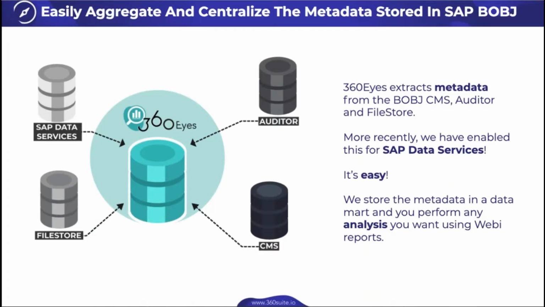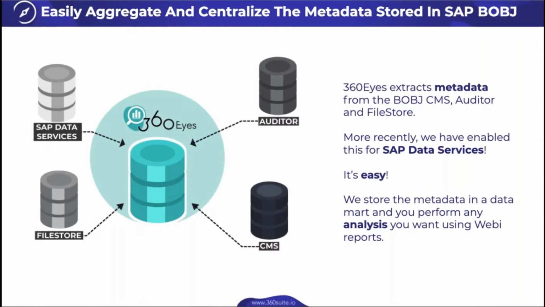Today, most of you are probably familiar with our product, 360Eyes. This is our metadata management and impact analysis tool. It's where we extract the metadata from your BusinessObjects CMS, Auditor, and file-stored databases, allowing you to find out usage and, just as importantly, non-usage across your entire platform.